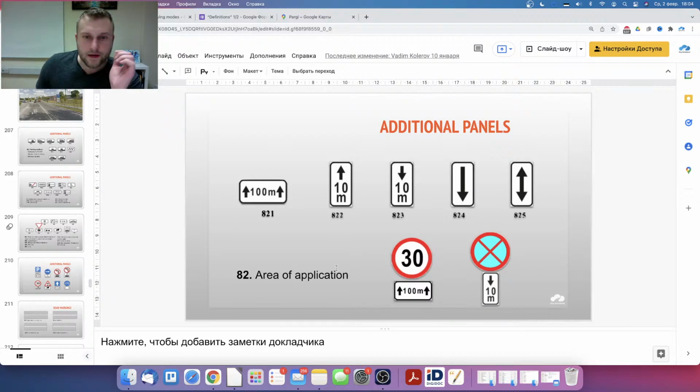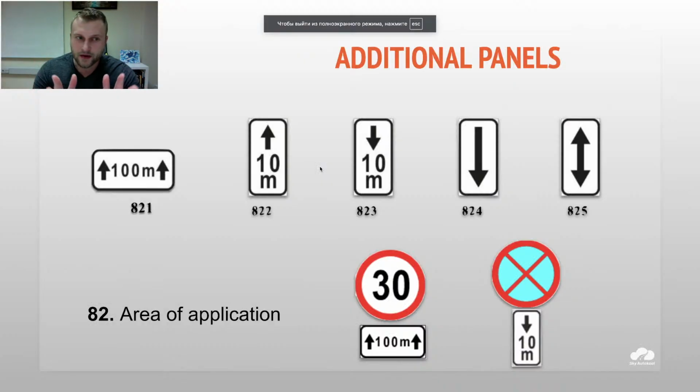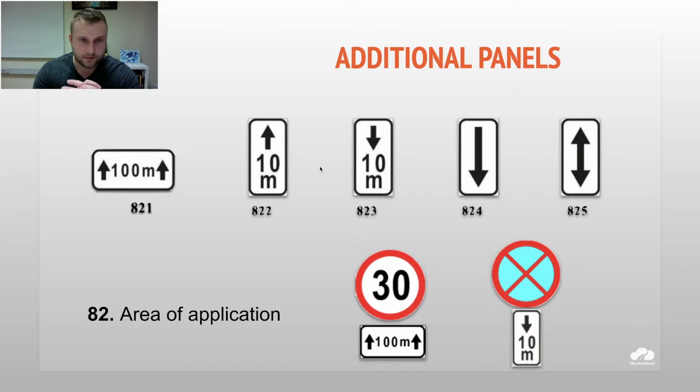The main difference between them: this one means that for the next 100 meters, this 30 speed limit is valid. After 100 meters, basically you can drive 50. So an easy way to remember that: if you don't have arrows on the left and on the right side, it means after 100 meters, this 30 starts to be valid. That's the main point.